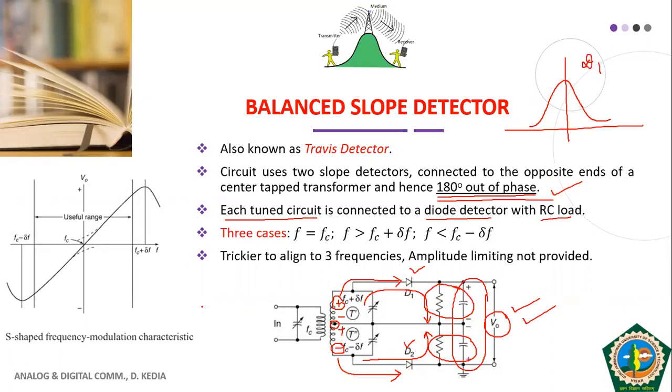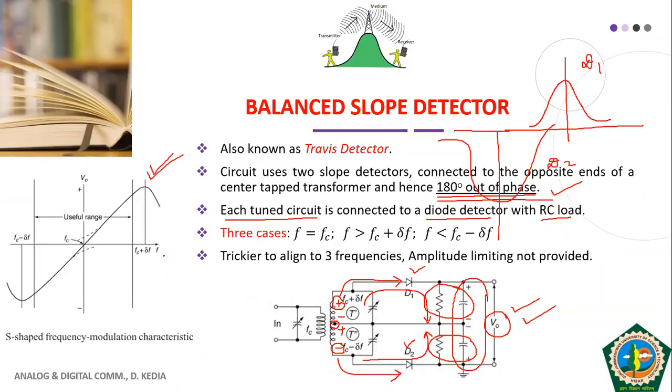Now another slope detector will be in reverse direction. So for that, its resonant frequency curve should be in reverse, opposite. This will be the output of your diode D2. So if you precisely consider their resonant frequency curves and combine them, then this is what you get.